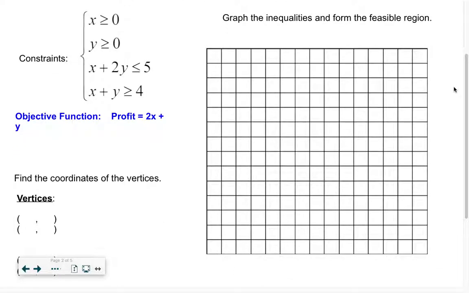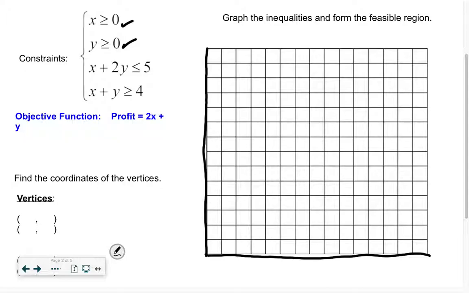So, what's nice about this graph is that if I make this line my y-axis and this line my x-axis, I've already satisfied the first two, right? My x is bigger than or equal to 0, and my y is bigger than or equal to 0. Let's go up.